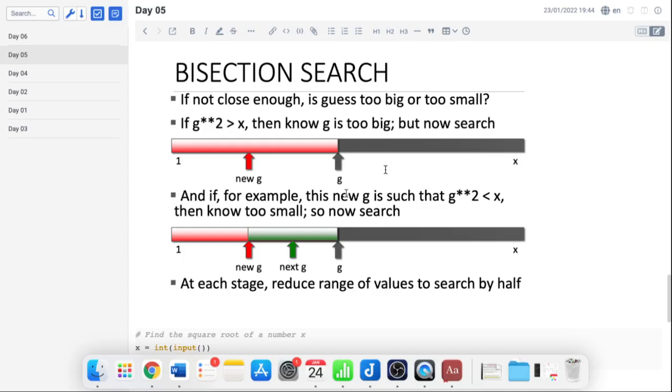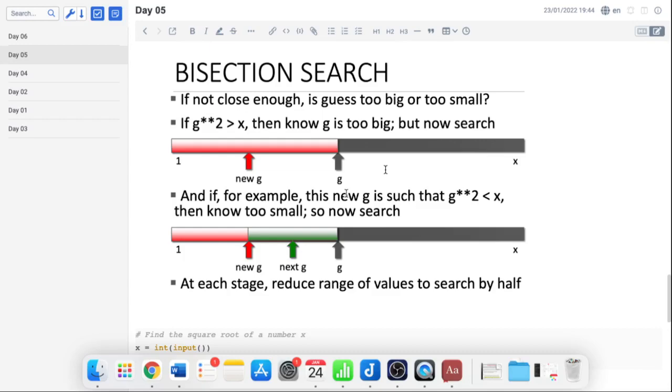So a faster way to find something, assuming it is sorted, is to start in the middle. And if you're thinking about a square root, you're typically going to want to look down to the left. So you're going to look down to the left, and you're going to update. Your original guess is now the highest point, and then you're going to go ahead and find the new middle.